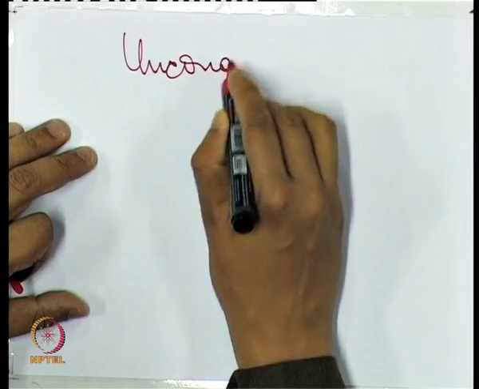How to ensure that a circuit is always stable, irrespective of what the value of Zs or ZL is? Such a circuit which is stable irrespective of the value of Zs or ZL is said to be unconditionally stable. So, unconditional stability.